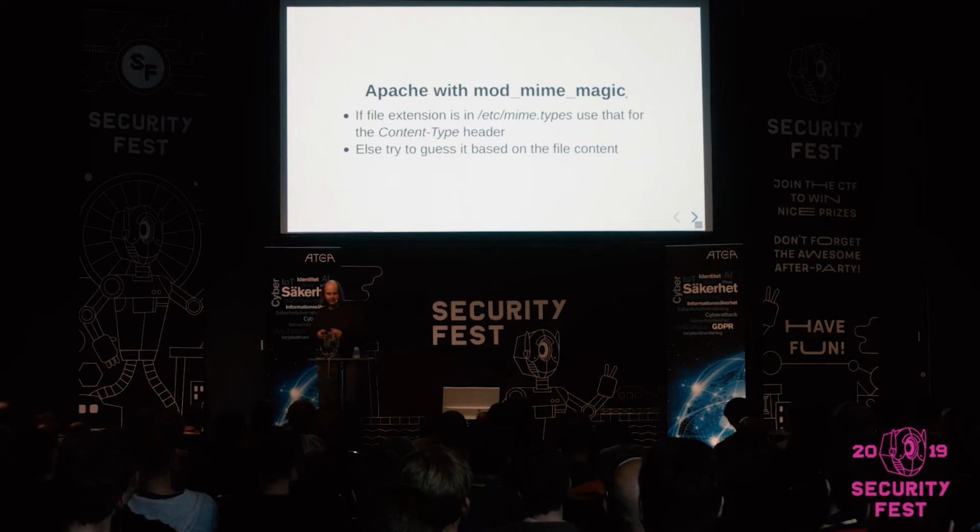Yeah. So if we have an Apache server with this mod MIME-magic module, what it does actually is, if it serves a file, it first checks the file extension. If that file extension is in the etc MIME types file and has a content type registered there, then it will use that. And if not, it will try to guess it based on its content.